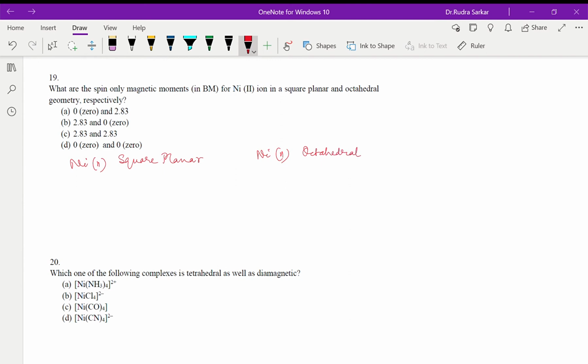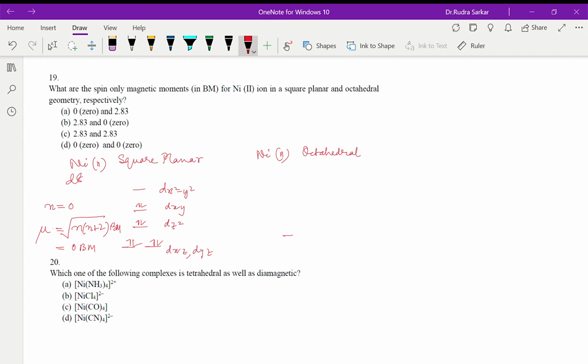So splitting in such fields will be something like that. D8 system for both. So obviously n value over here is 0. Mu is nothing but root over n into n plus 2 BM, and that is going to be 0 BM.